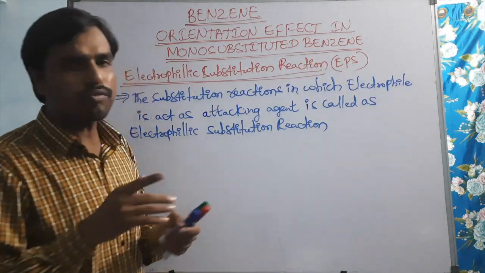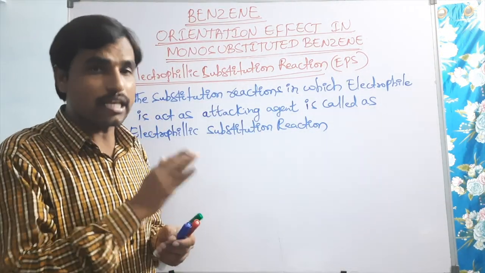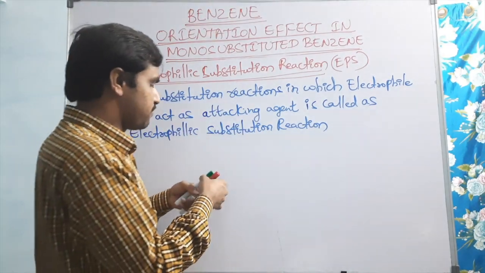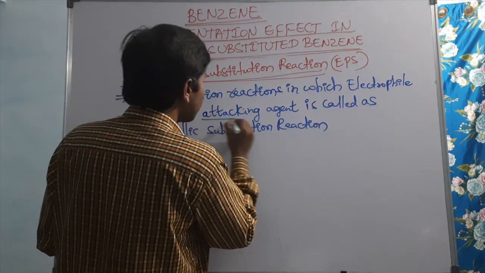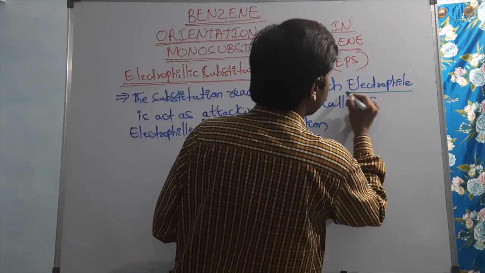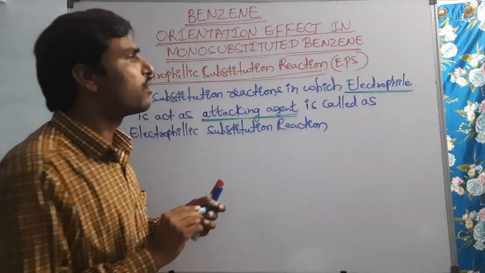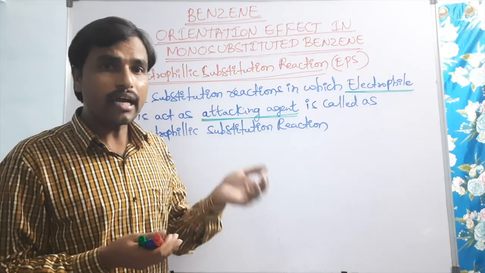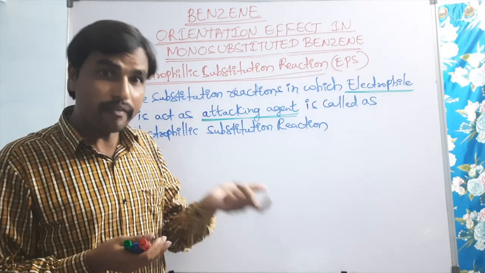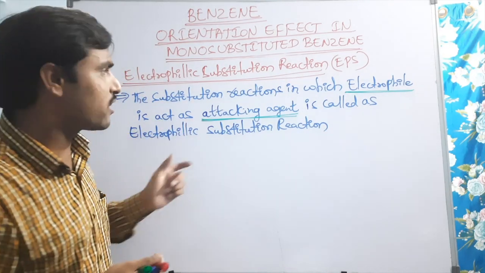In this reaction, the attacking agent is the electrophile, that is the most important point. Electron deficient or electron loving species are called electrophiles.